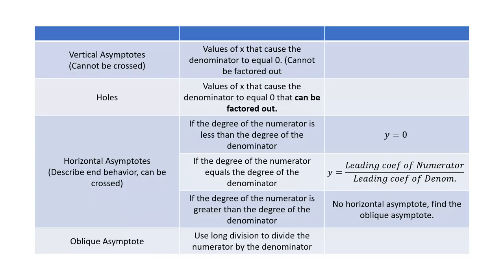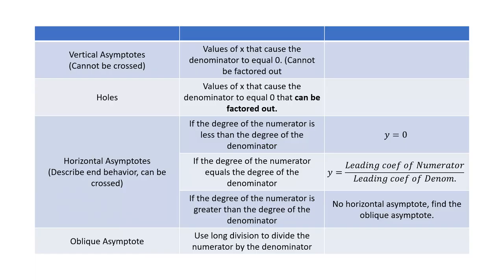A hole in a function is going to be a value of x that makes the denominator equal 0, but that I could factor out. So when I factor the numerator and denominator, if they have any common factors, I'm going to cancel those out. So a hole in the graph is something that was able to be canceled out.